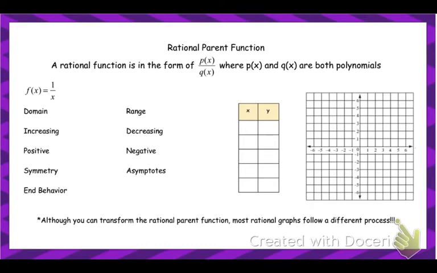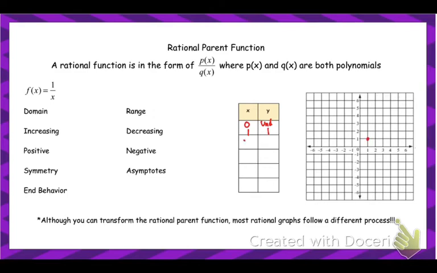All right, so let's look at what the rational parent function looks like. So we'll start by plugging in some points. So I'm going to start by plugging in 0. Well, if I plug in 0, my graph is undefined. So I don't know what that tells me. So what I need to do is figure out what's happening close to 0. So I'm going to start by picking some points and seeing what happens as I get closer to 0 from the right side. Well, if I plug in 1, I'm going to get 1. Okay, well now let's get closer to 0.